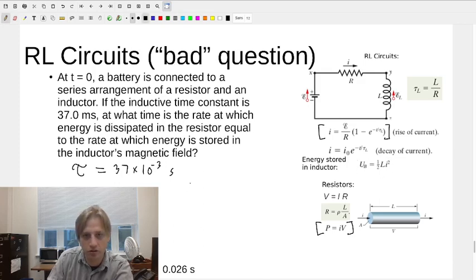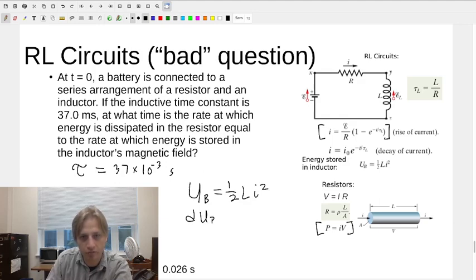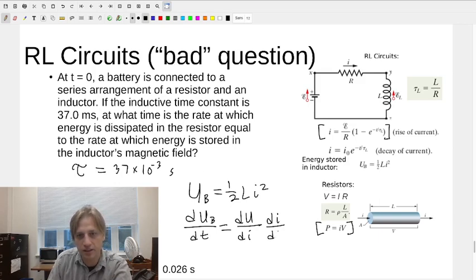So if U stored in an inductor is 1/2 L i squared, the time derivative of that, how much energy is being added per unit time, I would have to take the time derivative of this side, which would essentially be dU/dt equals dU/di times di/dt.